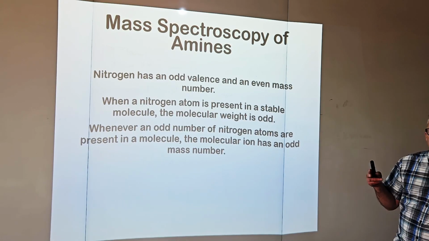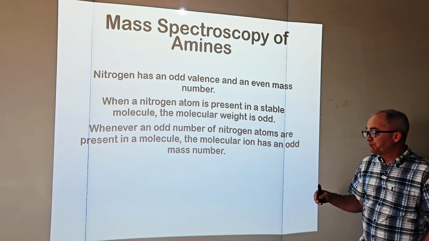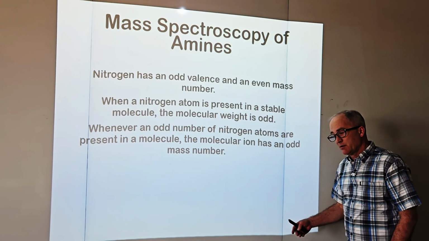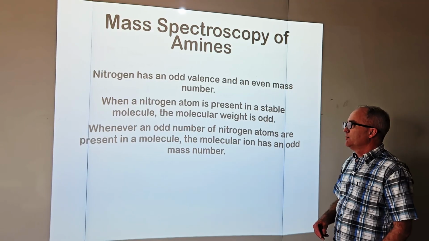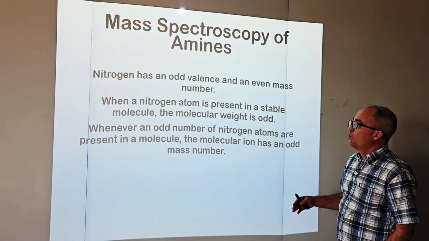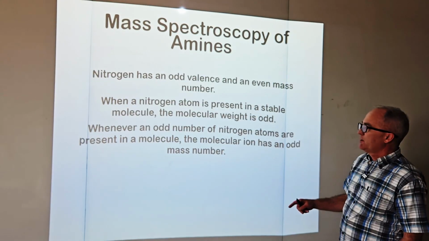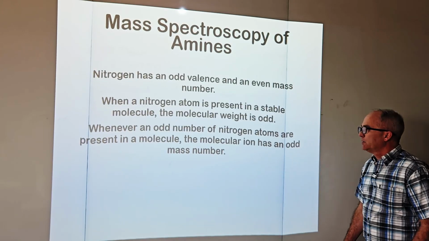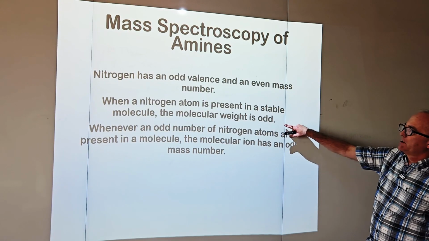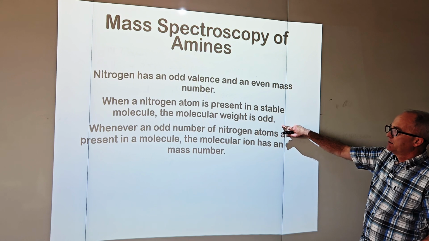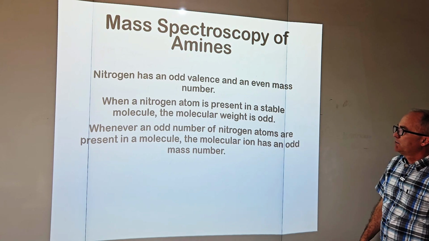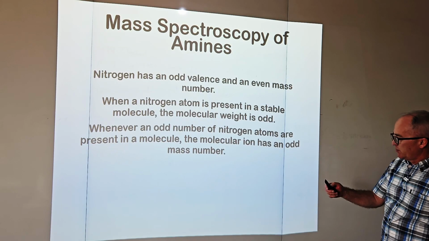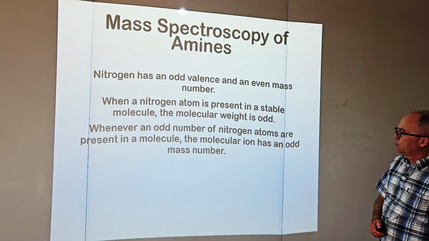So when we see an even molecular ion, it has either an even number of nitrogens, and 0 is an even number. When a nitrogen atom is present and you only have one or an odd number, you get an odd molecular weight. So remember that nitrogen rule.